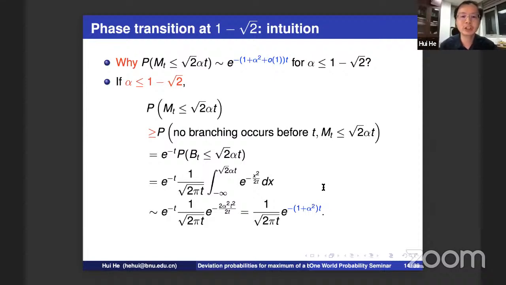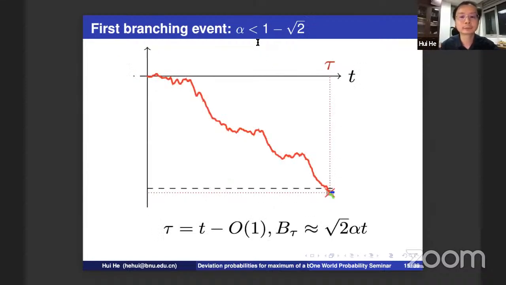So if alpha is larger than 1 minus square root 2, it somewhat means that the lifetime of the ancestor should be less than t. That means the first branching event happens before time t. More precisely, we have another result. If alpha is very small, meaning alpha could be negative, then the ancestor starting from the origin moves as a branching motion and its lifetime is very near to t, because we need to get an optimal rate for the probability that M_t is less than square root of alpha t.